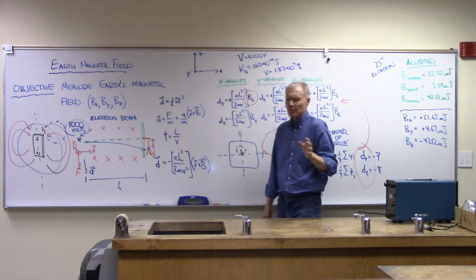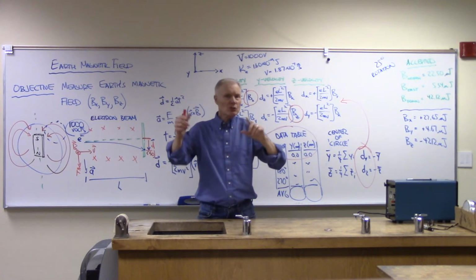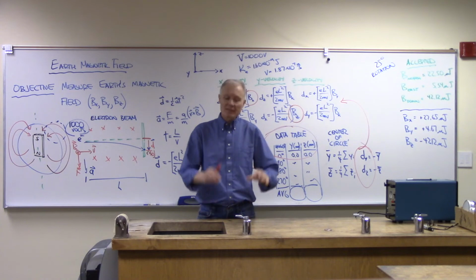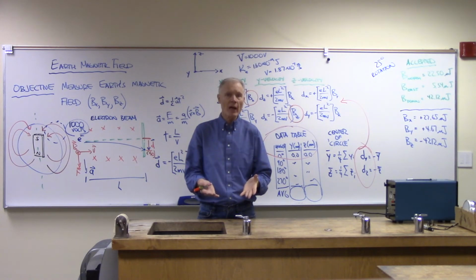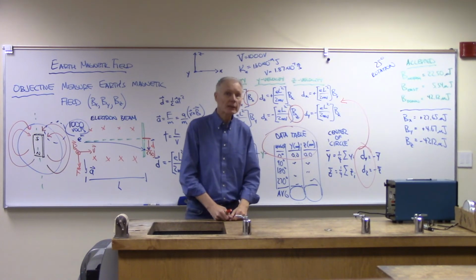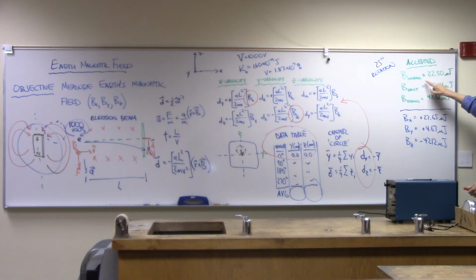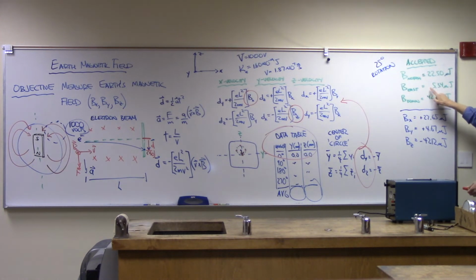Now they haven't measured every place entirely. They just go around and do different measurements, and then they find functions that fit that. And then they can interpolate or extrapolate to other locations. So for Laney College, they're expecting a north component of 22.5 microtesla, an east component of 5.34, and a downwards component of 42.12.